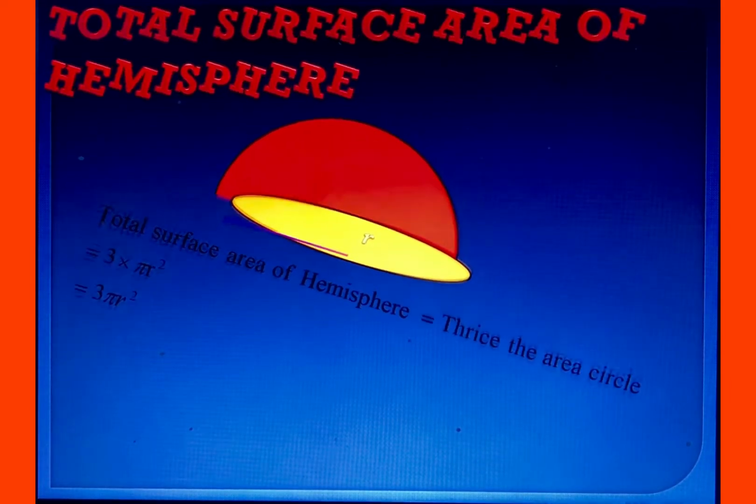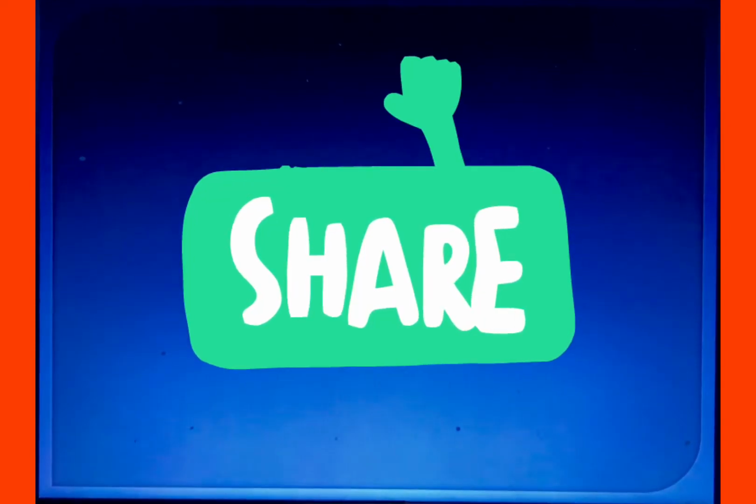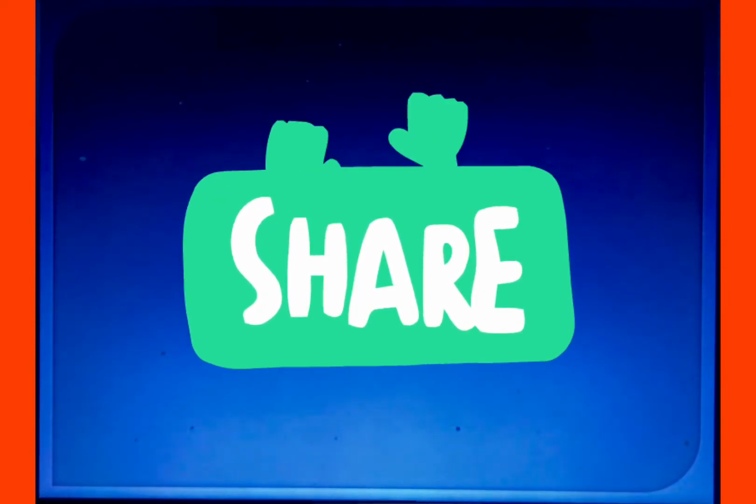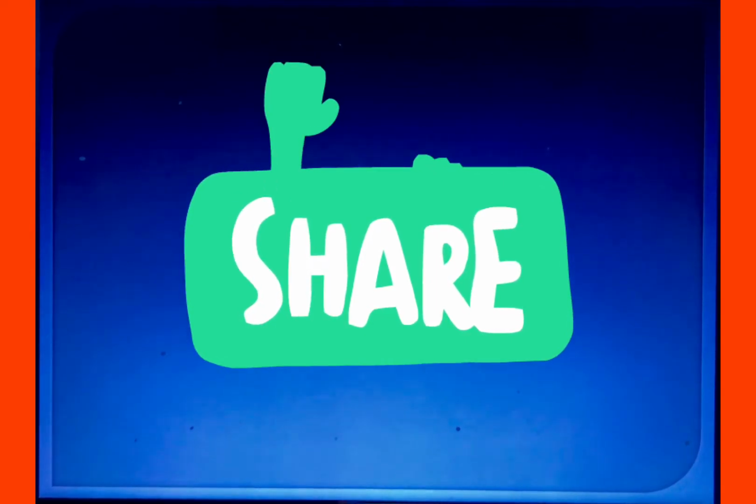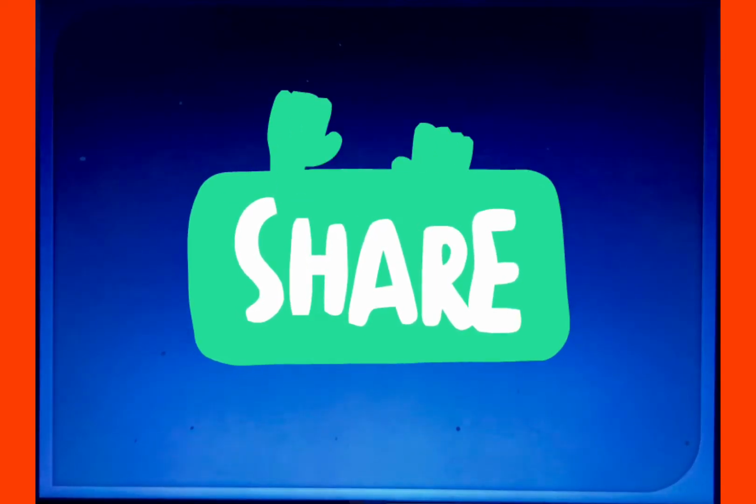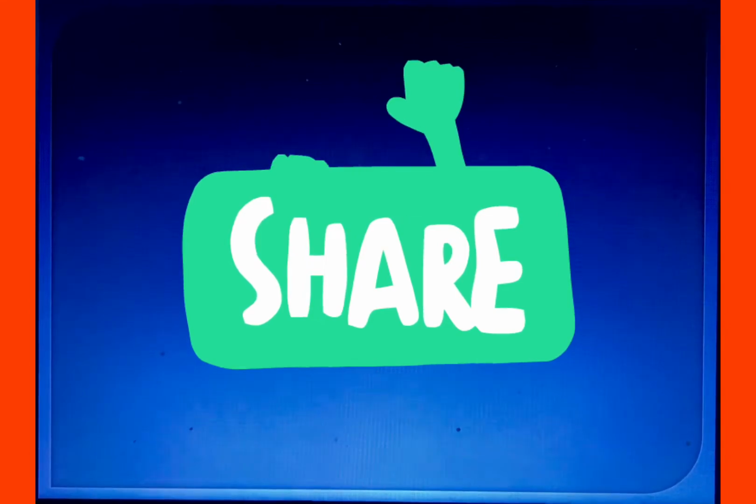Now the volume of hemisphere. So hemi means just a half of sphere, and volume of sphere is 4 by 3 pi r cube.